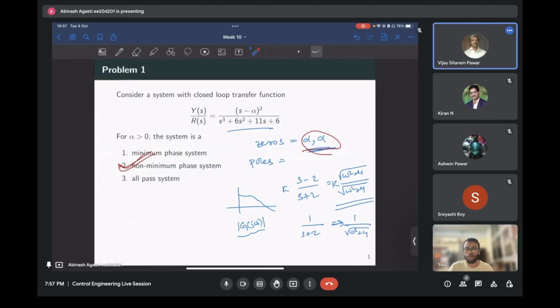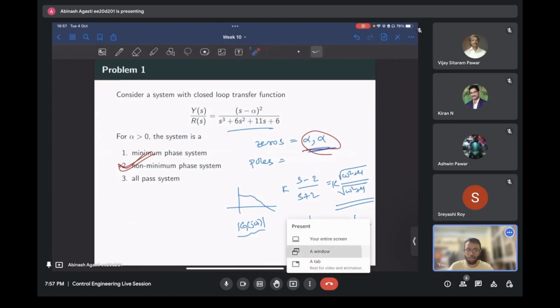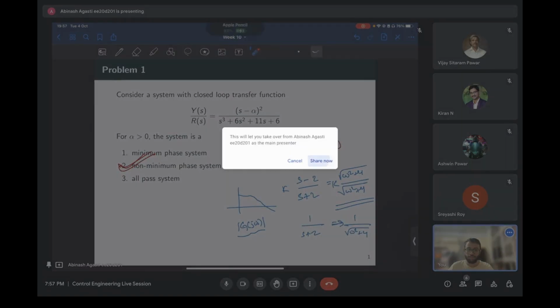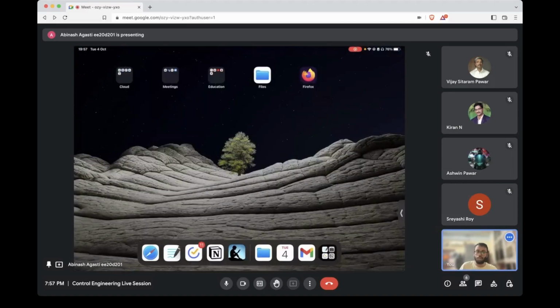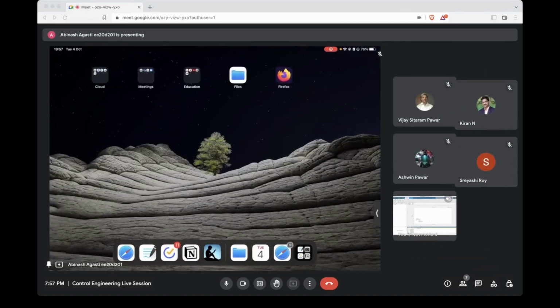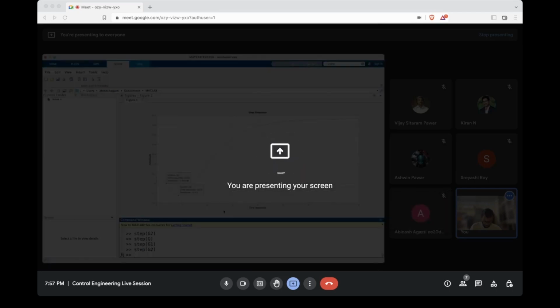Okay. So look at this, we have a transfer function of this formula, right? Two zeros at some right half plane and the given polynomial. So I'll just share my MATLAB screen. Is my MATLAB screen visible?